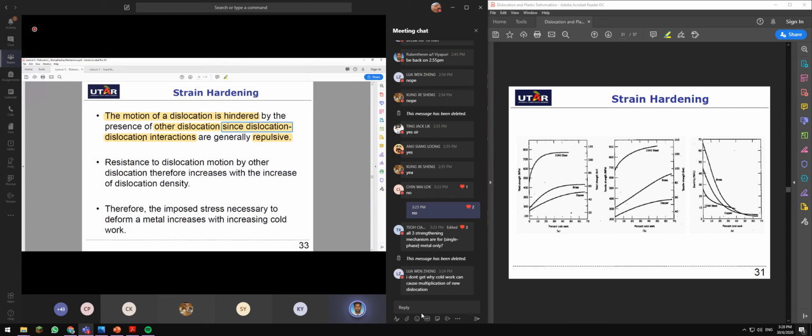Since the dislocation interactions are greatly repulsive, they can't go anywhere, so you are actually trapping the dislocations in a fixed position.